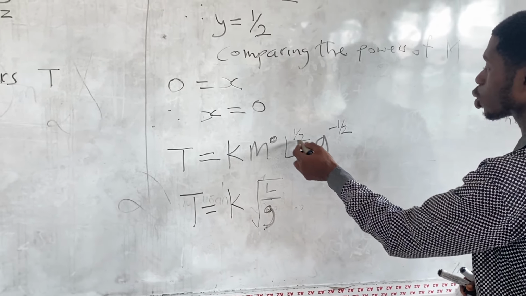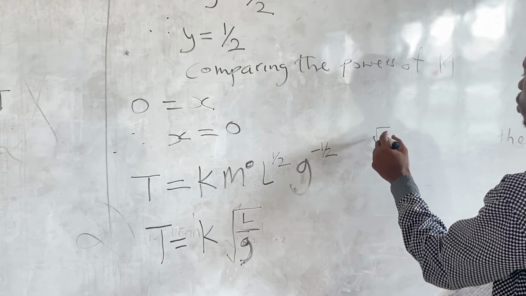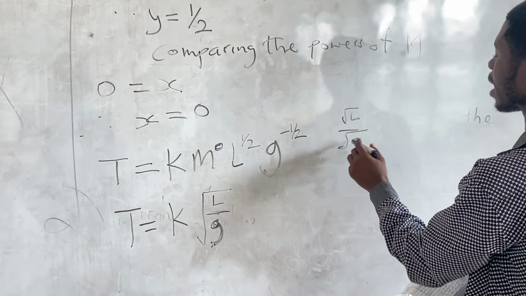Since all of them are in the square roots, I'll write the square root once for them. But the G has a negative, so because of the negative, you introduce a division sign and put it there.